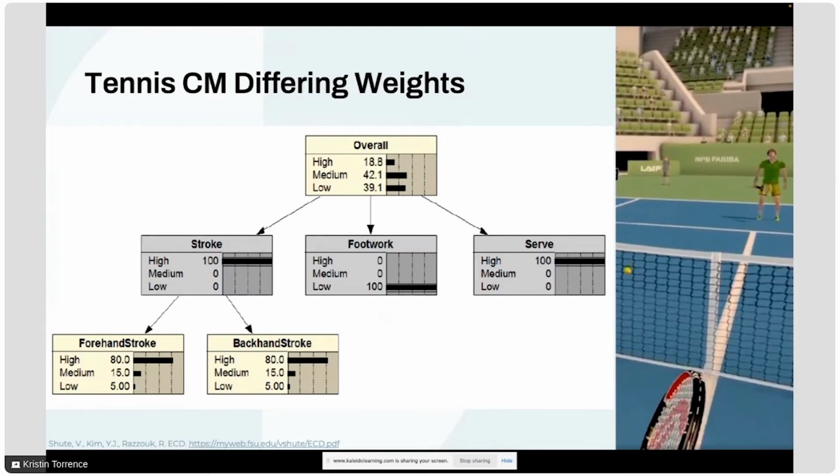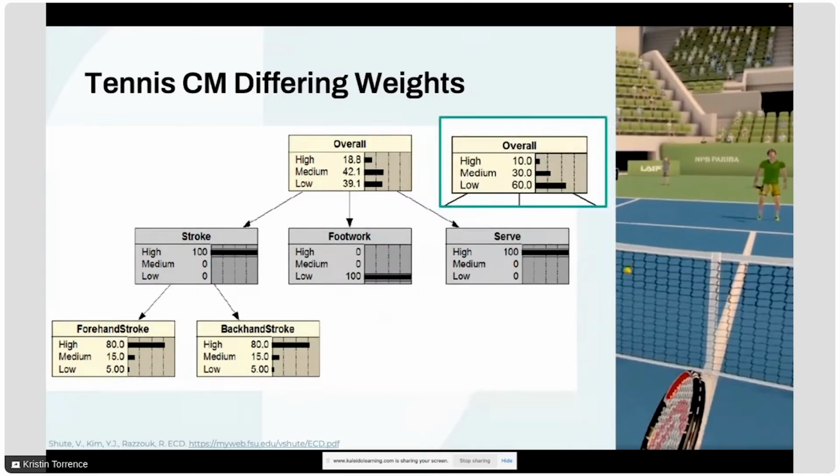So you can see here that although stroke and serve are both classified as high, the low footwork weighed more heavily on the overall score. If all three variables were considered equal, we would expect the overall skill rating to be in the medium to high range. But because footwork is the highest predictor of overall skill, this person's skill is predicted to fall in the low to medium range because their footwork weighted so heavily. So that was about the weights.